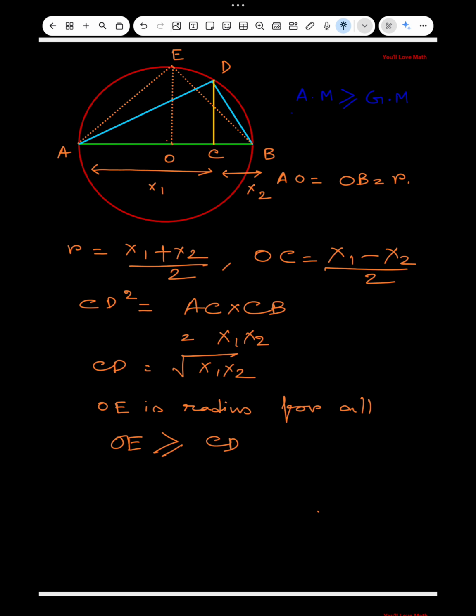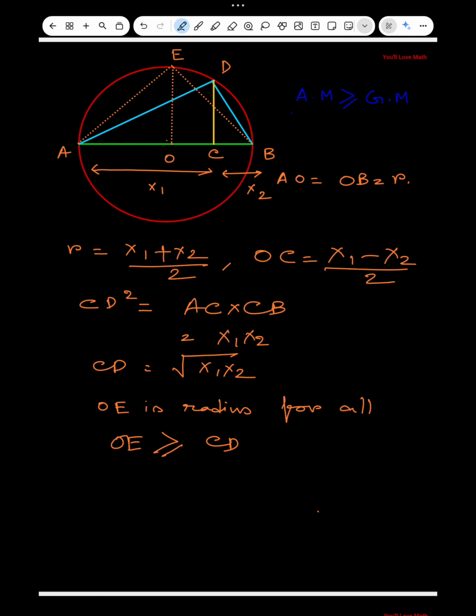So always OE is greater than or equal to CD. What is the value of OE? OE is the radius (x1 + x2)/2, because it is the radius from the center to the circumference, and CD is the square root of x1 x2.